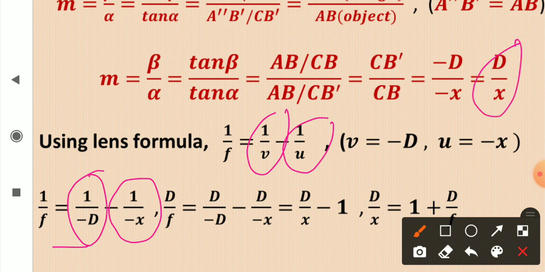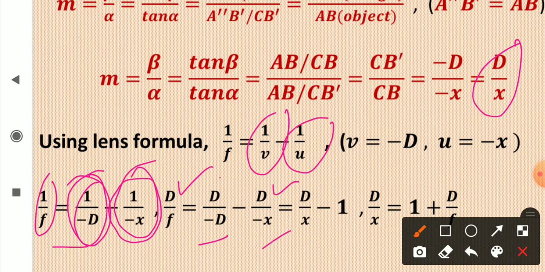So multiply both sides by d. So the left side becomes d upon f, right side this becomes d upon -d minus this becomes d upon -x, and when you do it, this minus and this minus become plus, and then you get d upon x, and d upon d cancelled, you get -1, so d upon x minus 1.